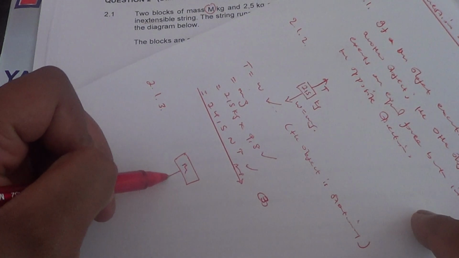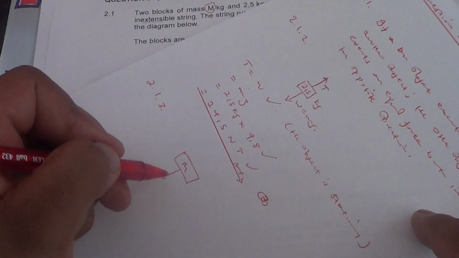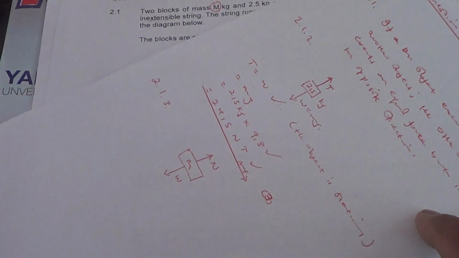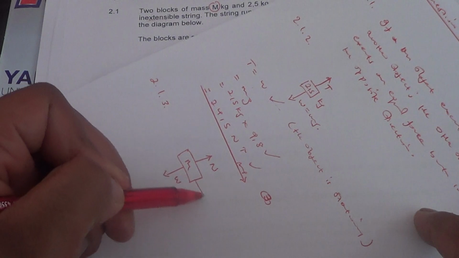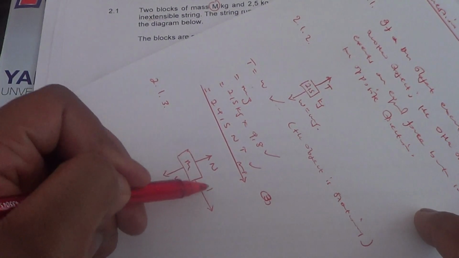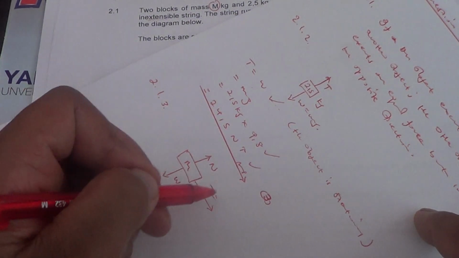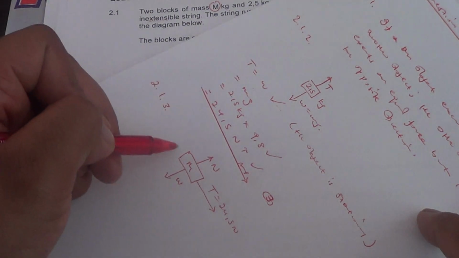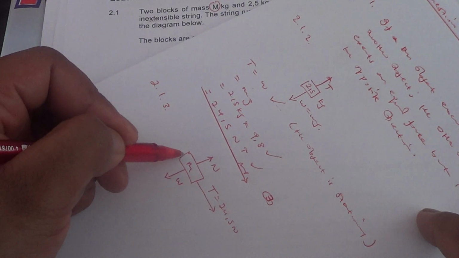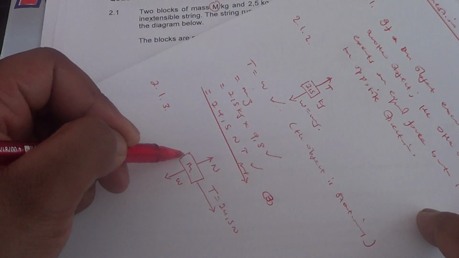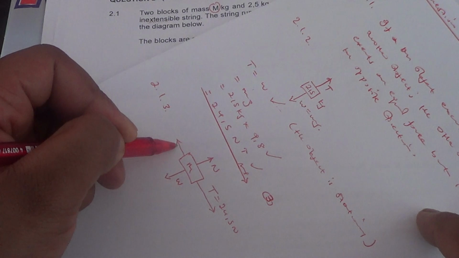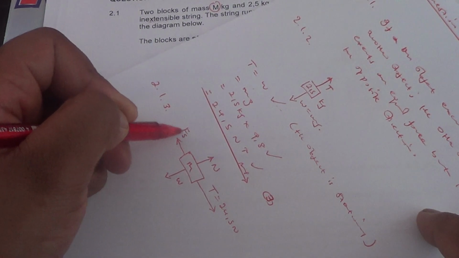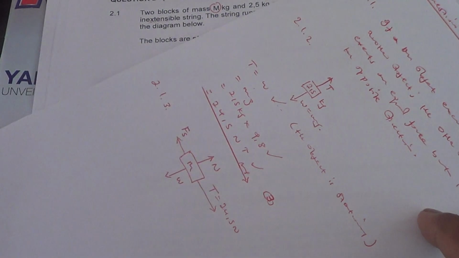It will have its weight, and it will have the normal force directed that way, and then there's a tension on the string directed that way, which we now know from above is 24.5 newtons to the right. And then of course there's going to be friction here, which is what we want.